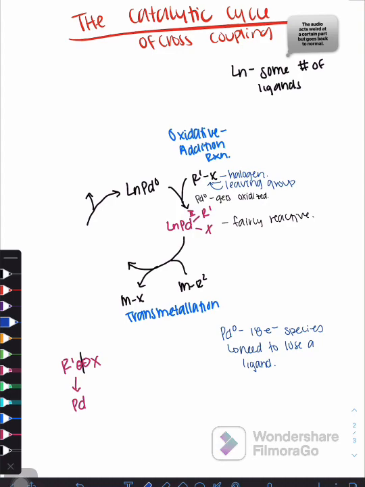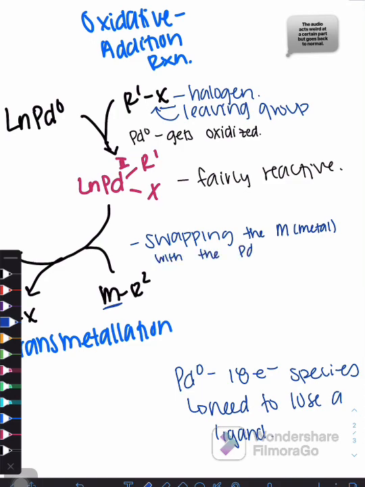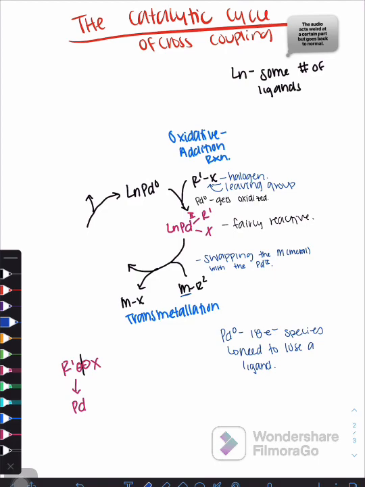So we're swapping the metal, the M, with the palladium 2 that we got right here, which then gives us this metal halide in the same step, right?